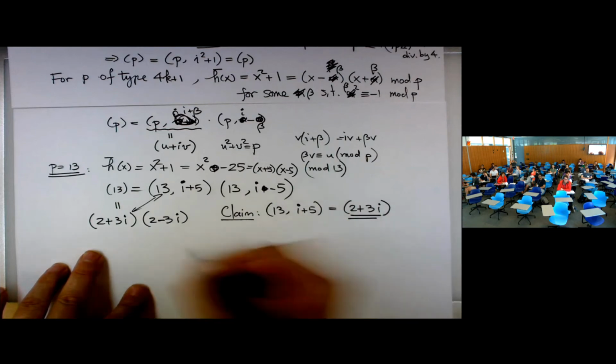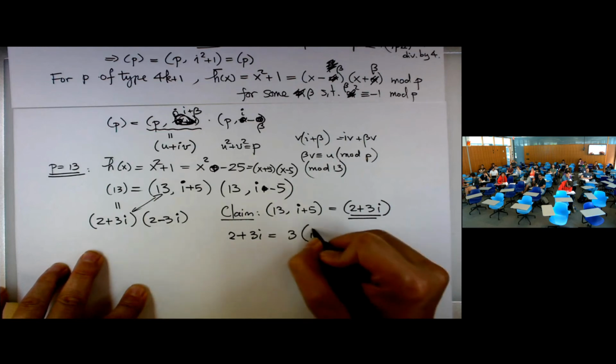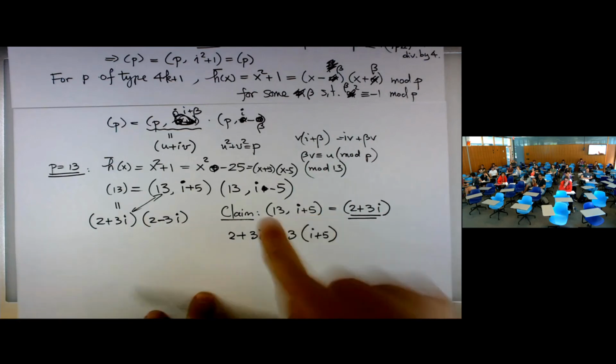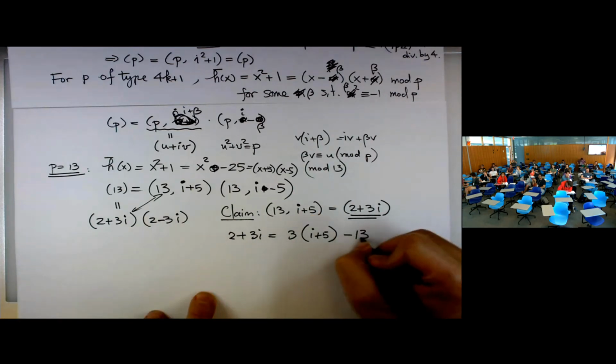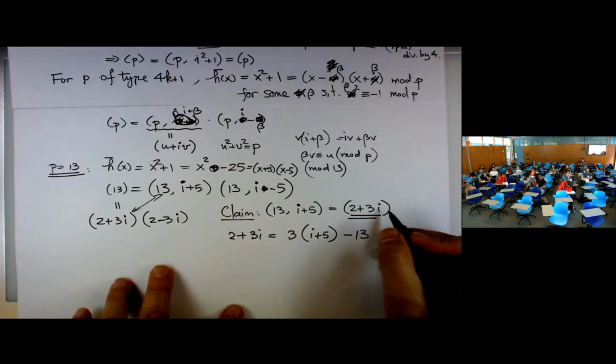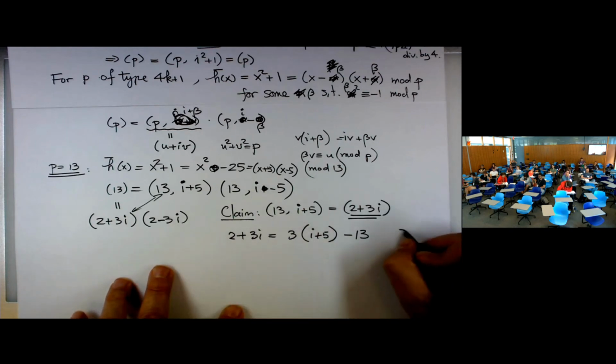Let's show this one actually belongs here. You can do 3 times i plus 5, coming from the first one, and then you subtract 13, and you get this. So that basically shows the inclusion this way.